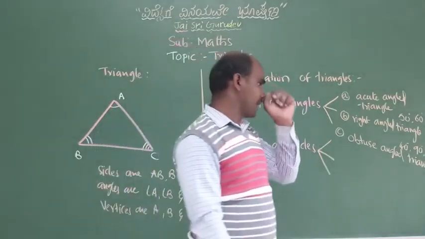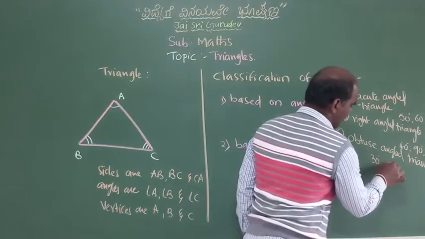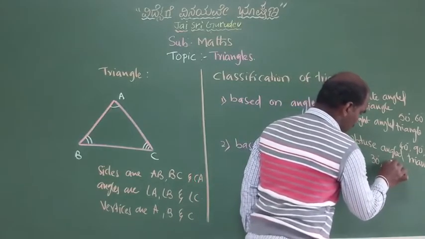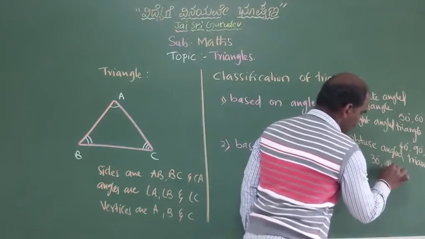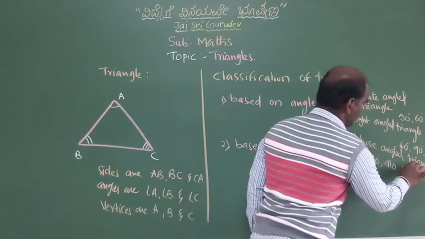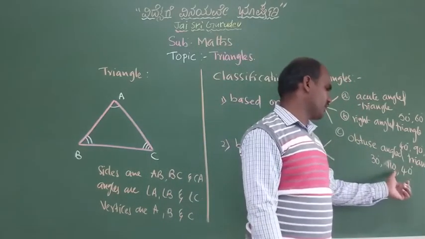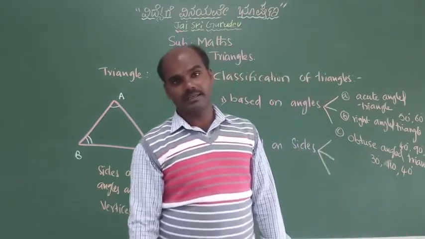For example, I am taking one angle as 30 degrees, one as 110 degrees, and one more as 40 degrees. 30 plus 110 is 140, and 140 plus 40 is 180.